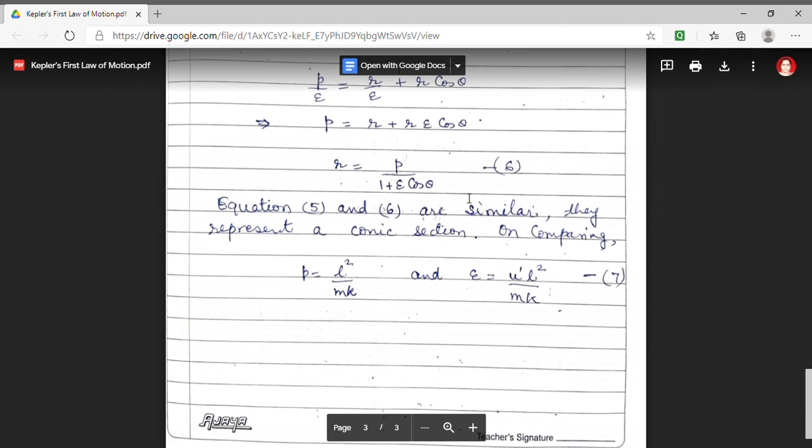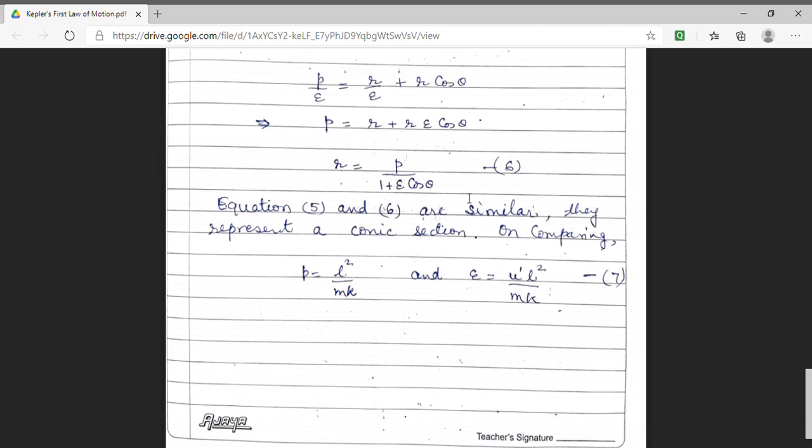Comparing these two, I get the value of small p as L square upon mk, and my eccentricity is found to be equal to u dash L square upon mk. So we have derived our Kepler first law, according to which orbits follow a conic section.